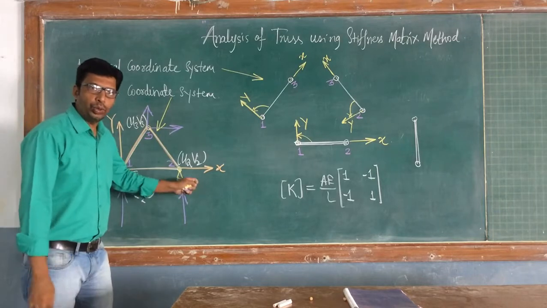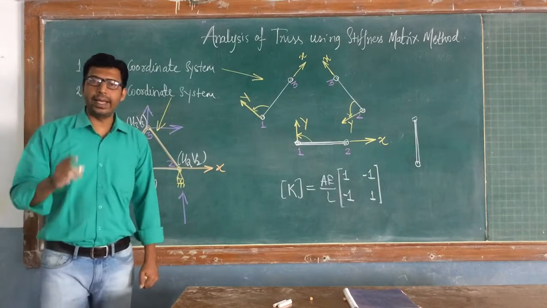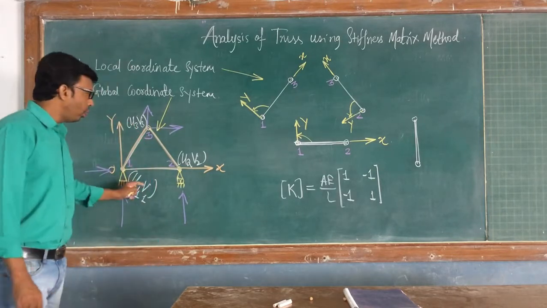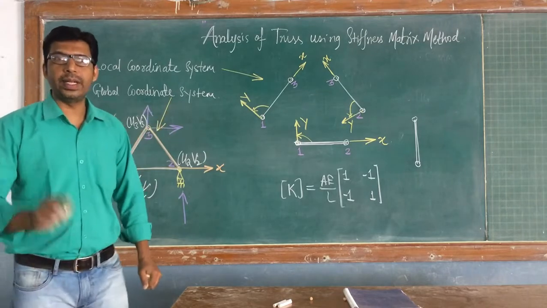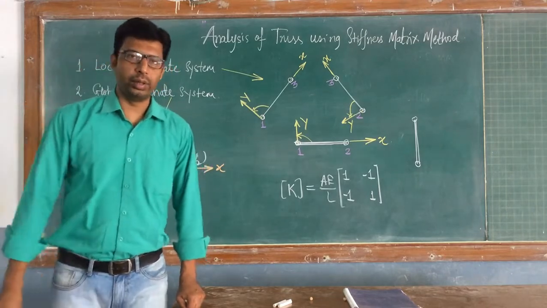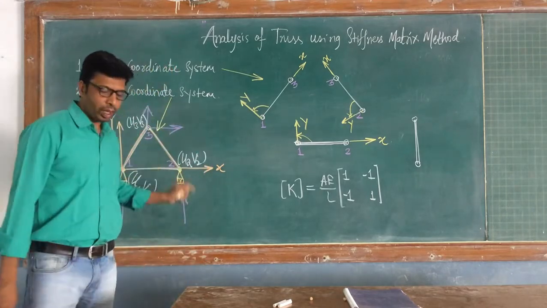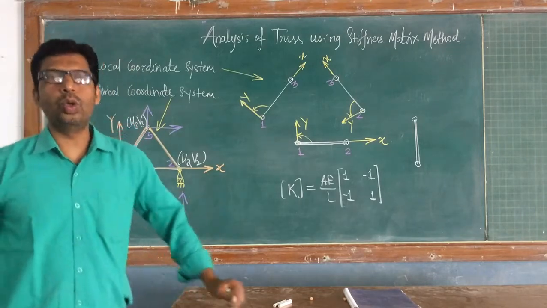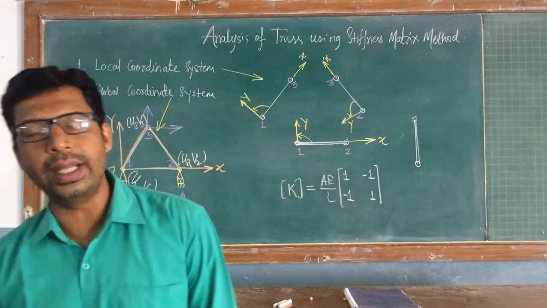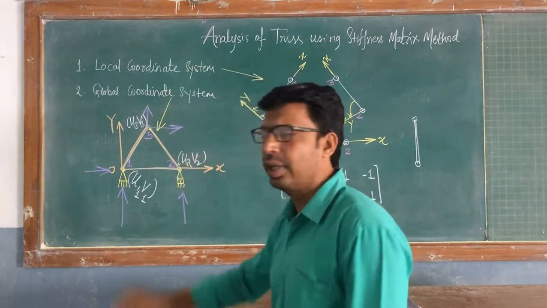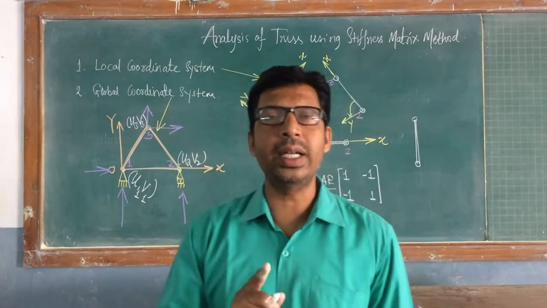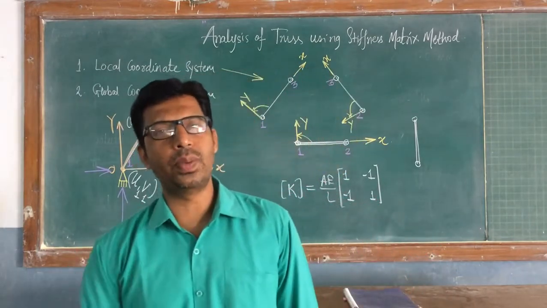Where U1, U2, U3 are the displacements in x direction, and V1, V2, V3 are the displacements in y direction. So the truss is subjected to x and y directional forces, and therefore at each node of the truss there are two displacements, horizontal and vertical.